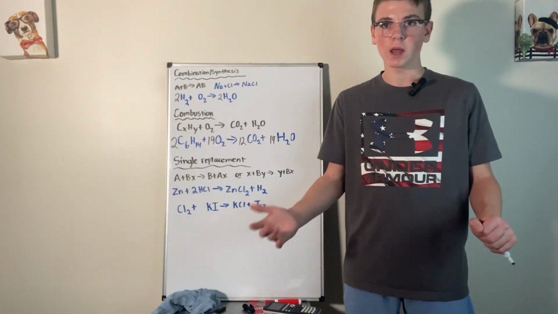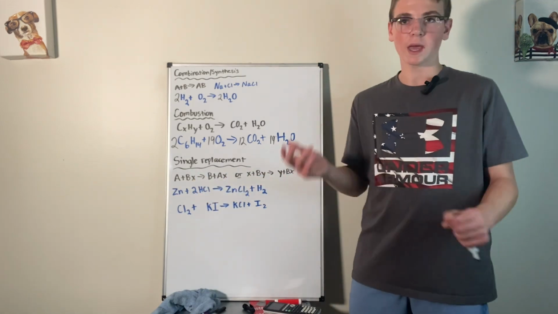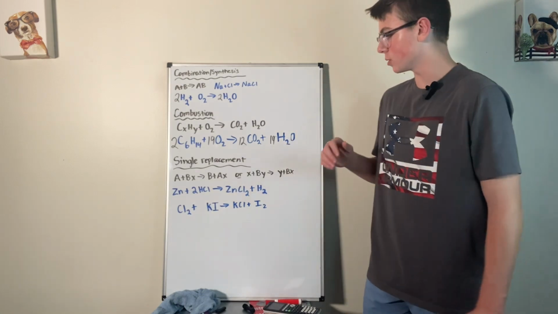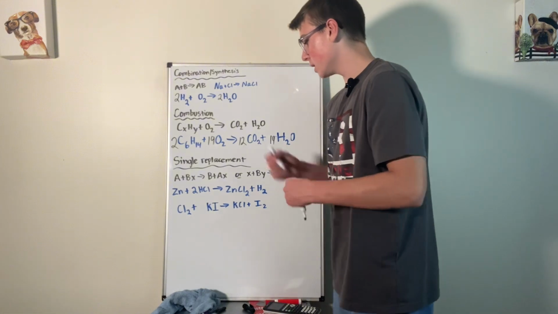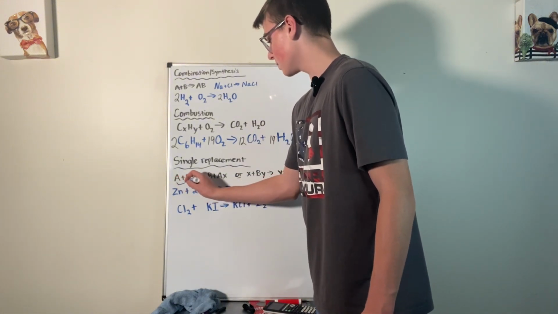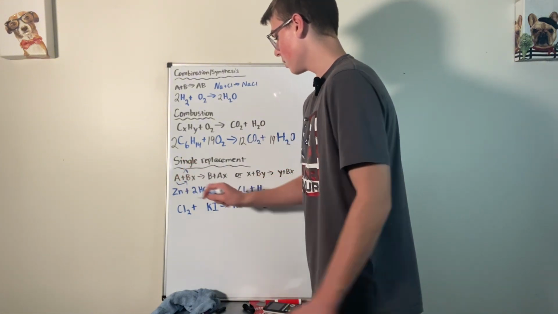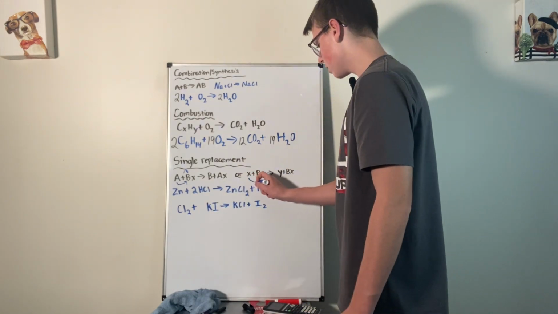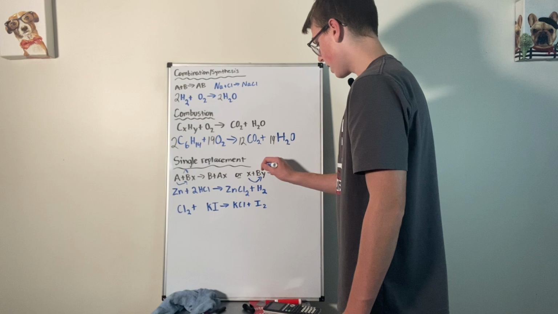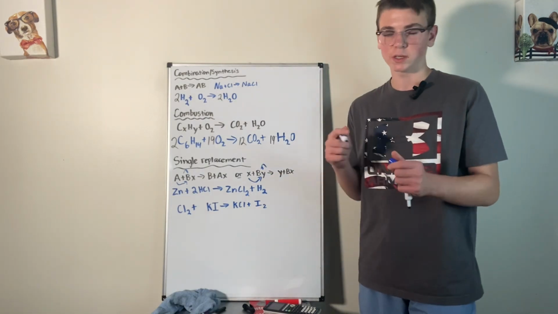So either the A takes the spot of the B and the B is kicked out, or the X takes the spot of the Y and the Y is just left on the end.